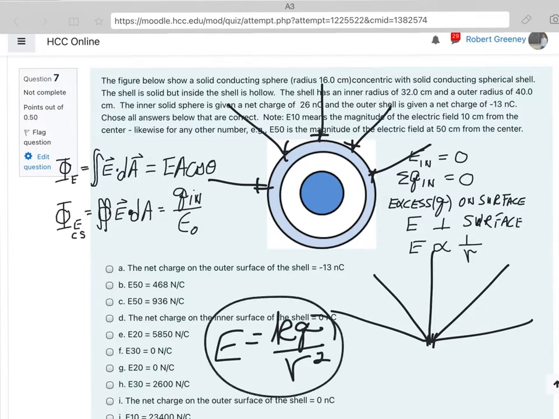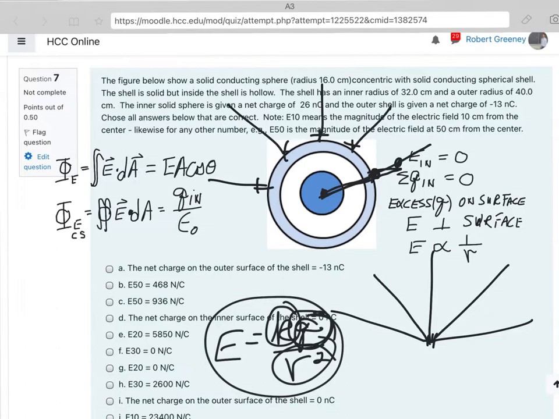You're using this equation where r is the distance from the center to where you're calculating the field, whether it's here or here. Once you're out here, the charge inside is 13, and so the K is K, the Q is the 13, and the R will be the distance to where you are.